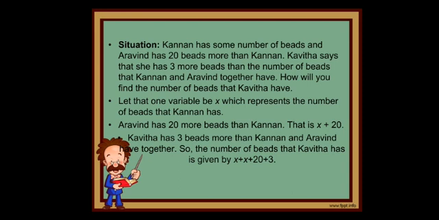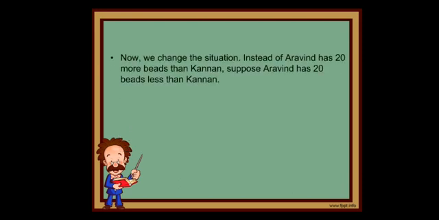So now we'll change the situation. Suppose instead of Aravind having 20 more beats than Kannan, Aravind has 20 beats less than Kannan. At that time, what will be the number of beats that Kavita has? The number of beats that Kannan has is x, and the number of beats that Aravind has is x minus 20, because Aravind is having 20 beats less than Kannan.